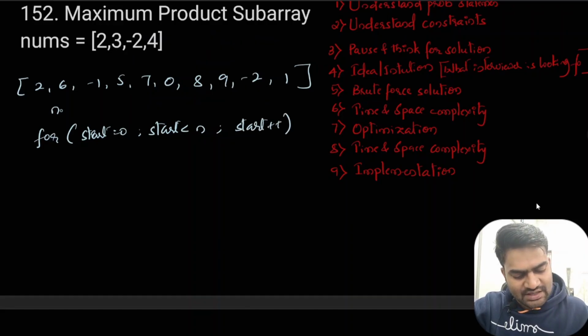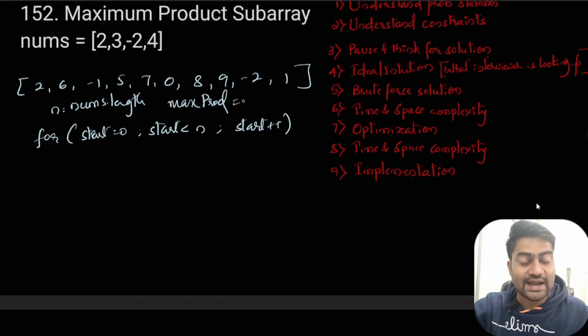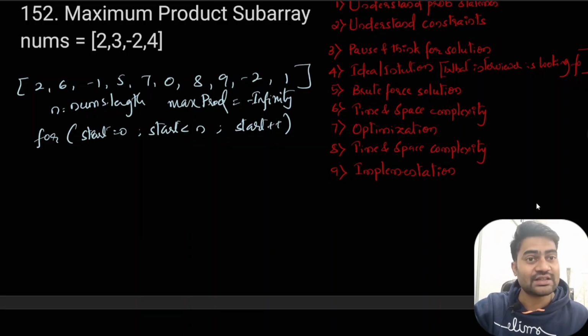Then I will take another variable, maxProduct, and I will assign it 0 maybe initially, or since we want the maximum product, maybe I will say minus infinity, or the minimum possible value. So we can take minus infinity for the pseudocode, and we will see what exactly we take in our code. With that, I will take another loop.